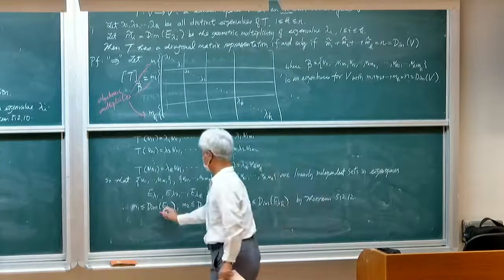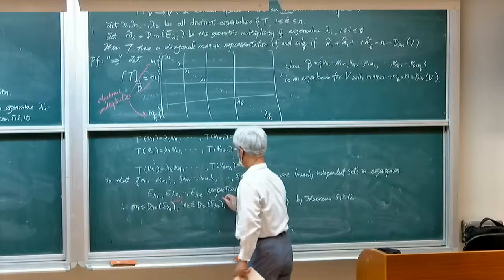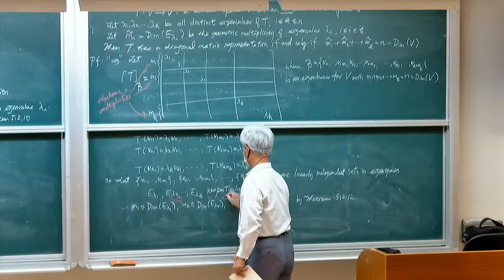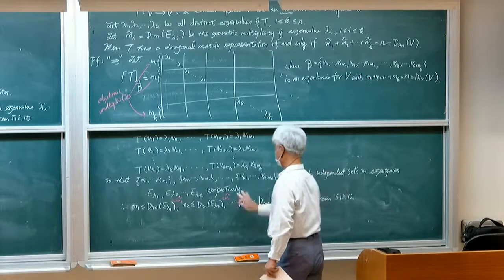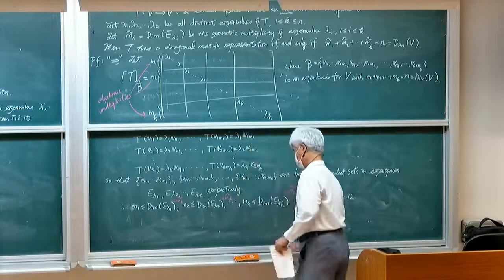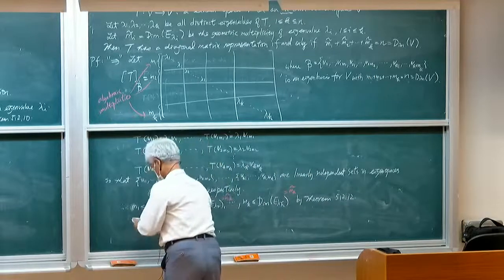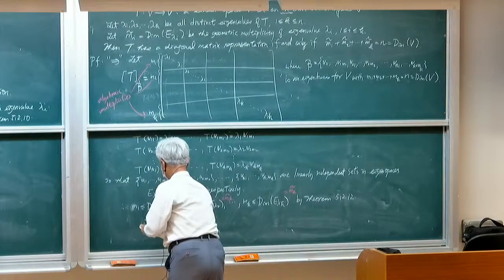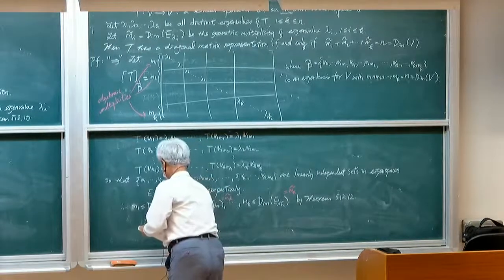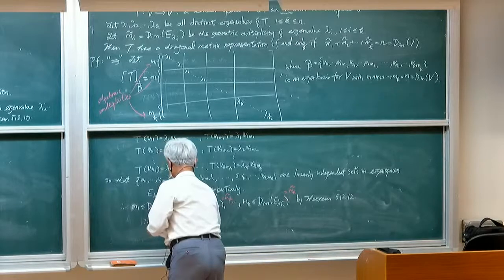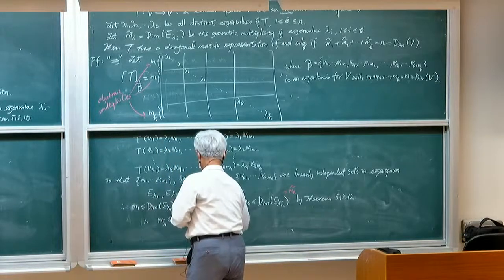But this is M1 tilde, this is M2 tilde. So we have Mi less than or equal to Mi tilde for all i from 1 to k.